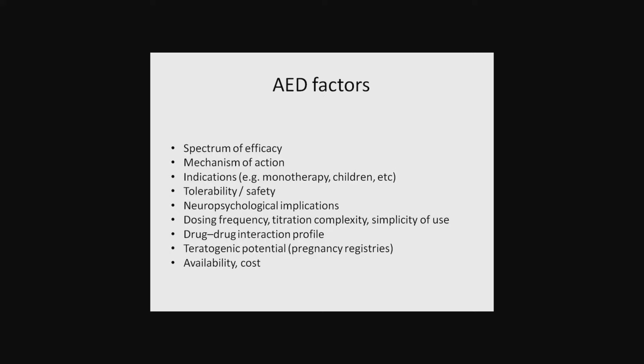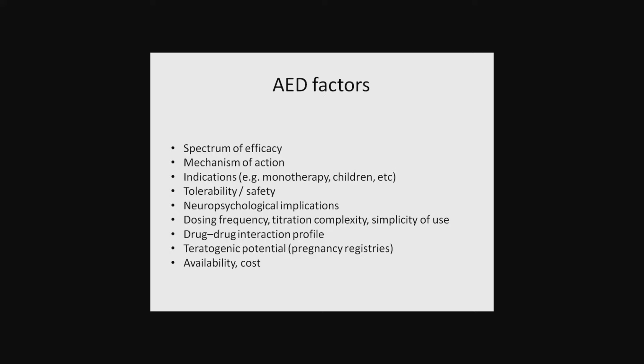Then the anti-epileptic drug factors. First, the spectrum of efficacy. For example, sodium valproate is broad spectrum, so you can use it if there are different types of seizures, or if you don't know the type of seizures. And if you know that it is a focal onset of seizures, then you can use carbamazepine, sodium valproate or phenytoin sodium.